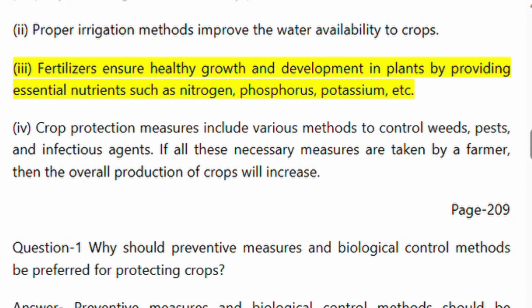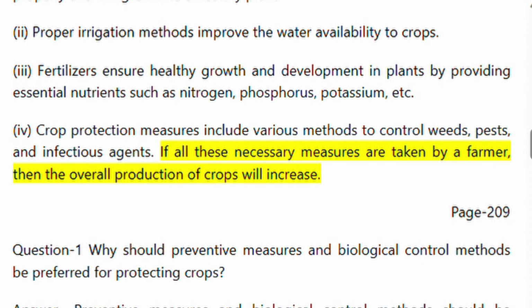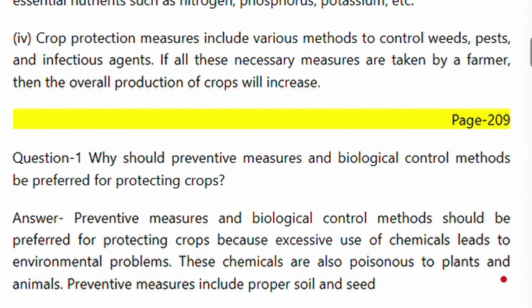Fertilizers ensure healthy growth and development in plants by providing essential nutrients such as nitrogen, phosphorus, potassium, etc. 4. Crop protection measures include various methods to control weeds, pests, and infectious agents. If all these necessary measures are taken by a farmer, then the overall production of crops will increase. Page 209.